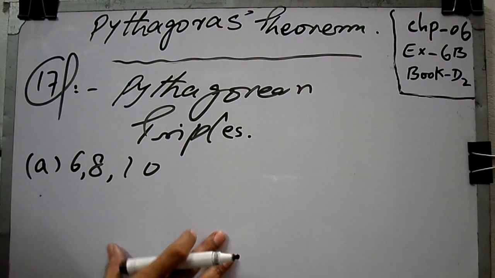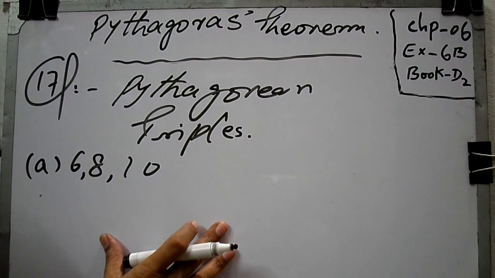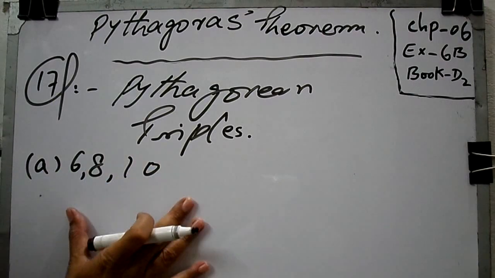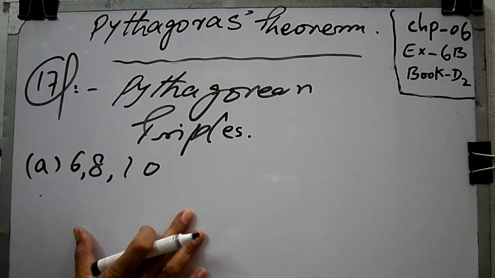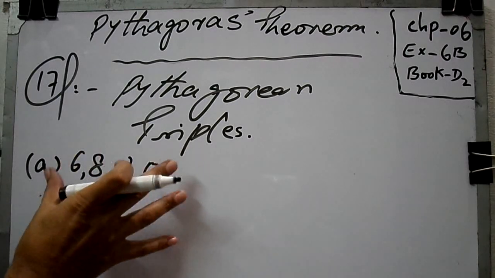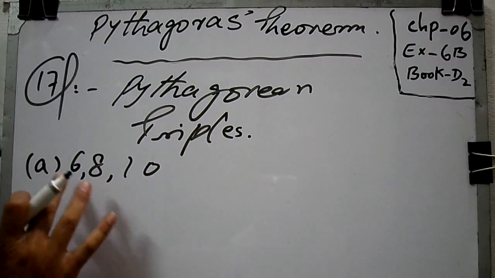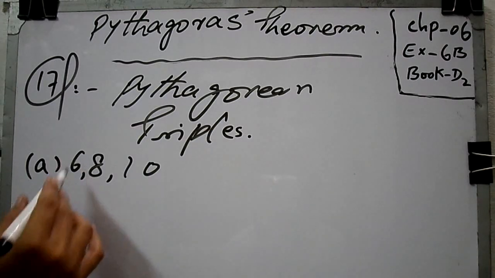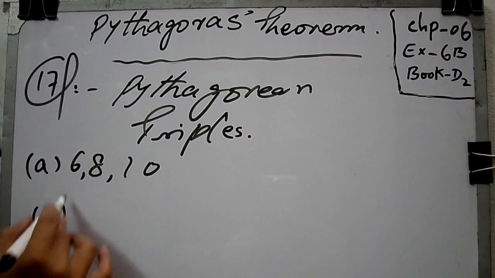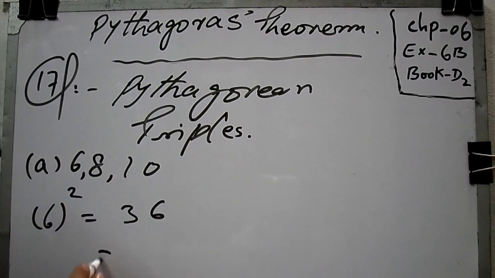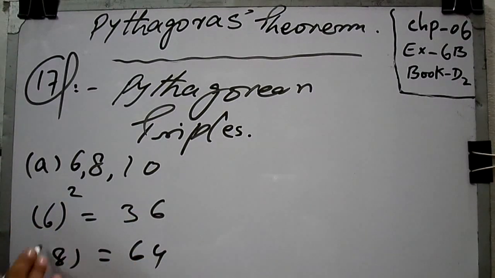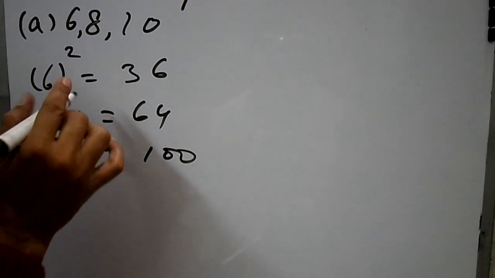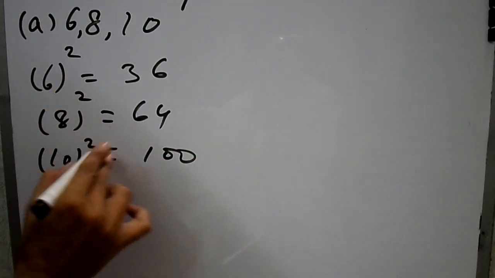First of all, you have to check that it satisfies the Pythagoras theorem. If it satisfies the Pythagoras theorem, it is known as a Pythagorean triple. For example, you have to find the squares. The value of 6 square is 36, then 64, and you will get 100 for 10 square.